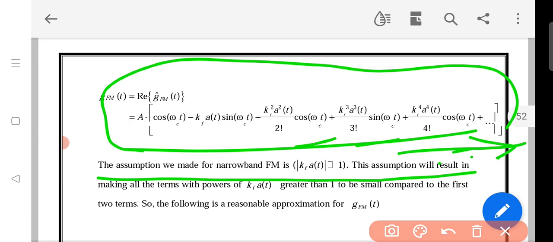It is just like A cos omega ct plus kf A by 2 cos of omega c plus omega m minus kf A by 2 cos of omega c minus omega m, and so on, and next 2 omega c minus 2 omega m, and so on.